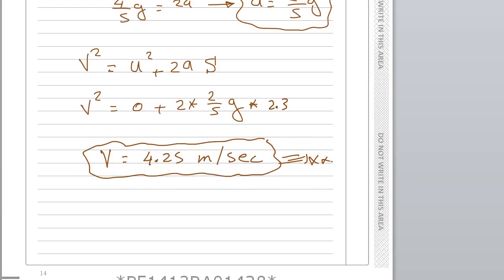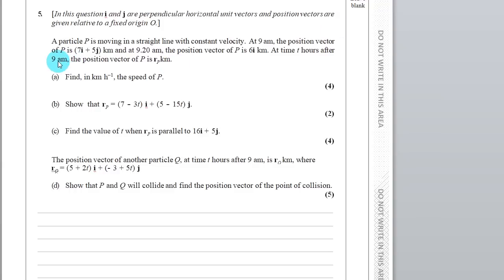Okay, start this question. A particle B is moving in a straight line with constant velocity.